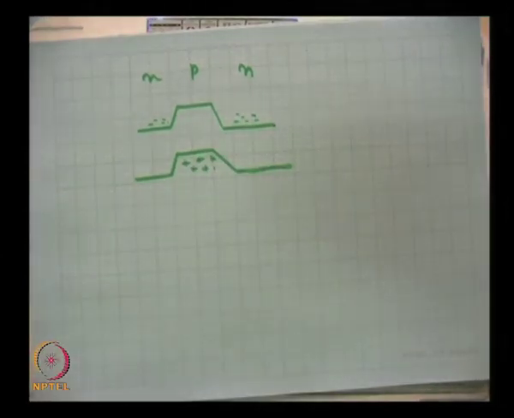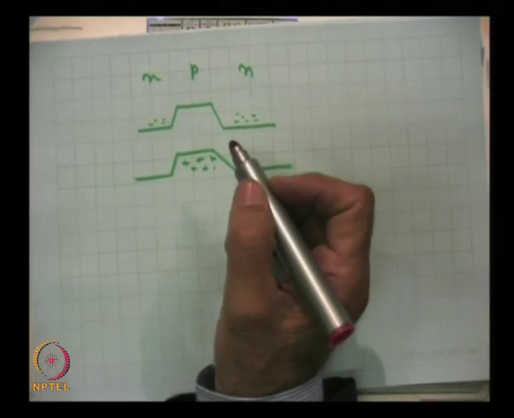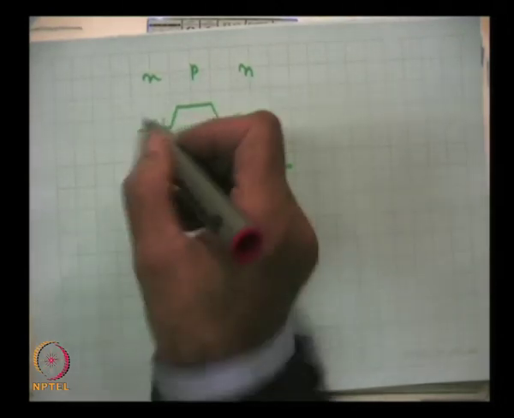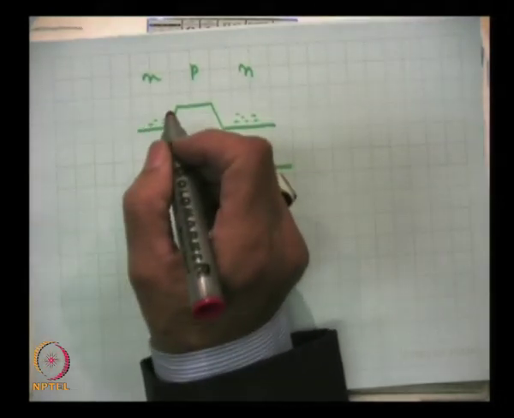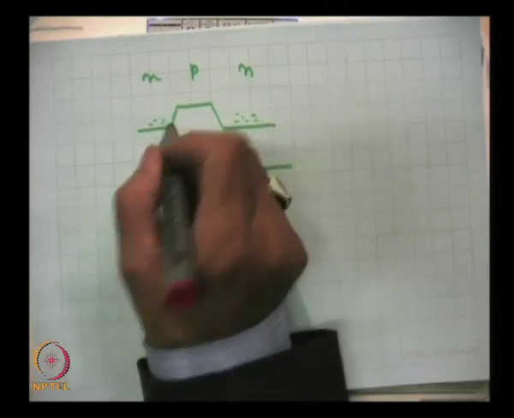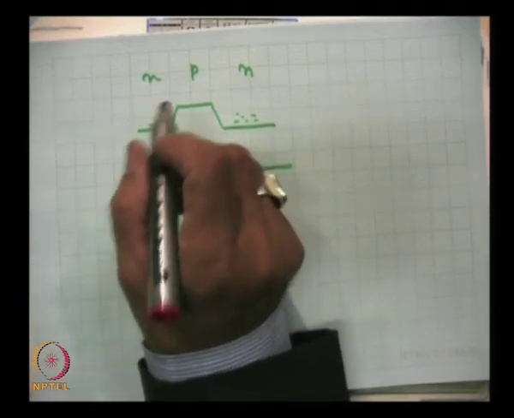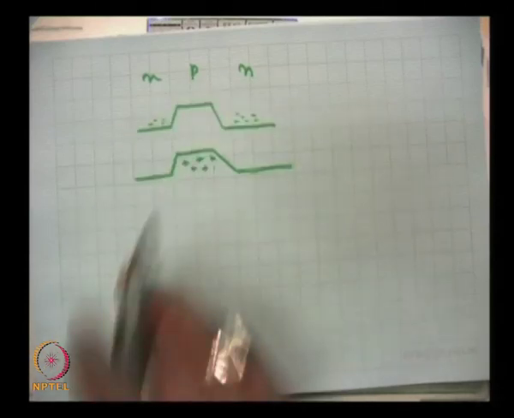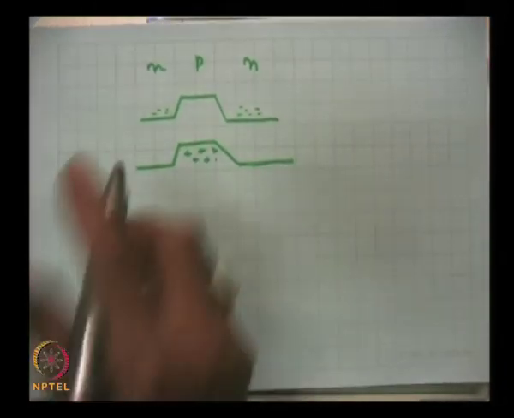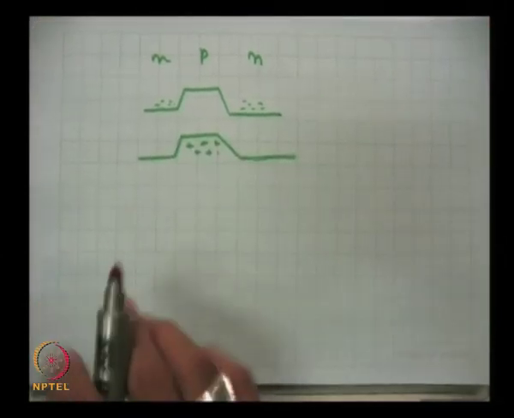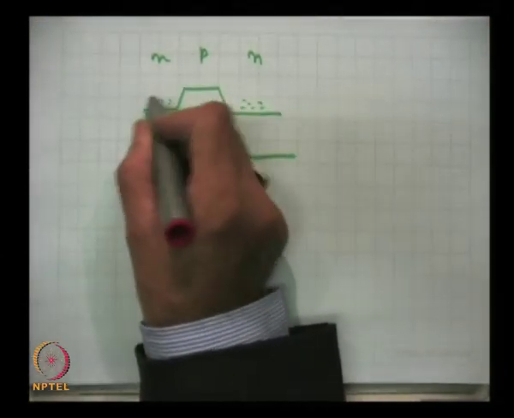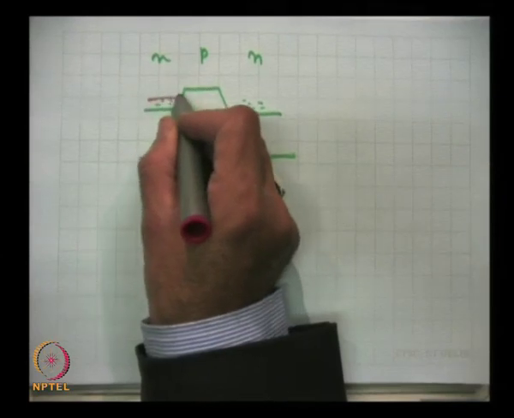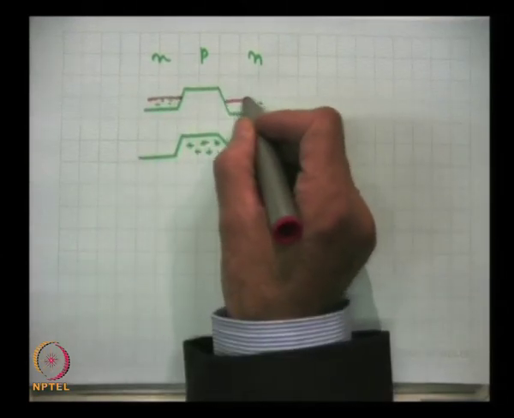This was an unbiased potential energy diagram. Now, we have applied forward bias on both sides. Forward bias creates a field opposite to the built-in field. This point we discussed in the case of the junction diode, and the potential height will fall.